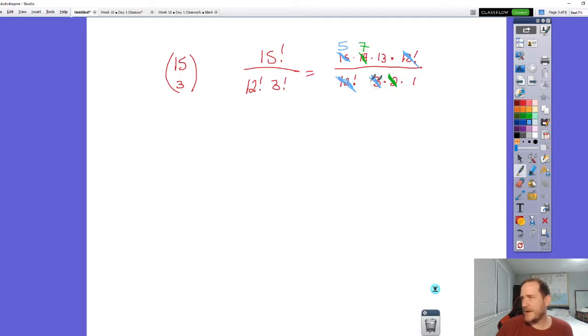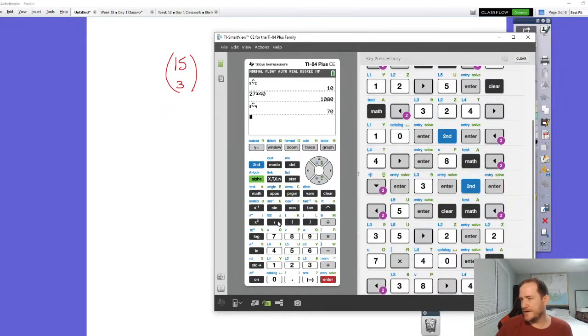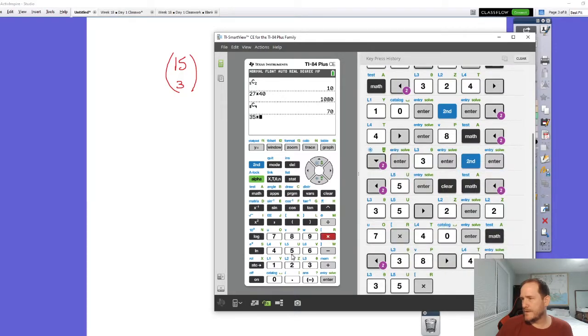So our entire denominator is canceled, and we see that this combination, 15 choose 3, is just whatever 5 times 7 times 13 is. That's it. So 5 times 7 is 35, times 13 is, I don't know. 35 times 13 is 455.